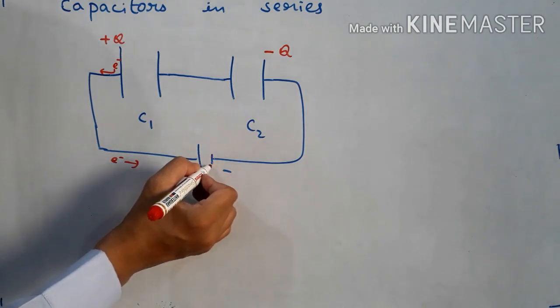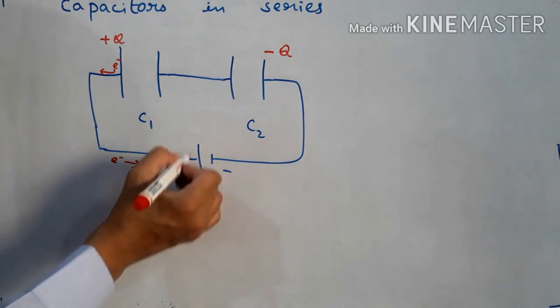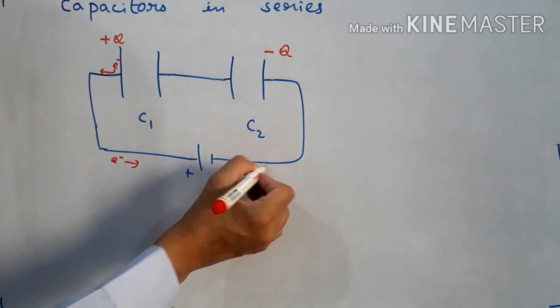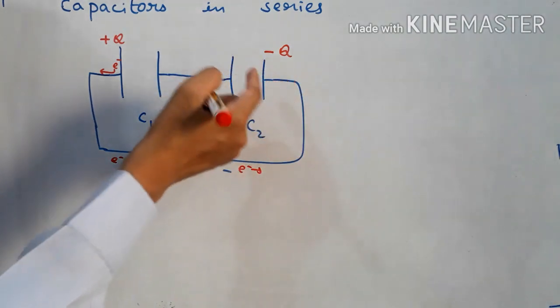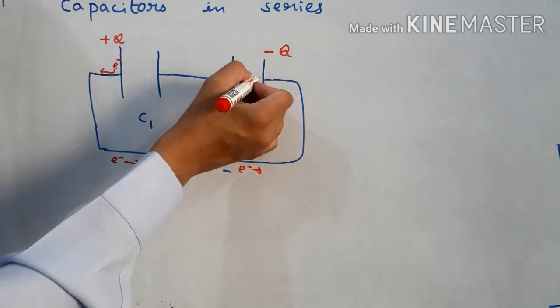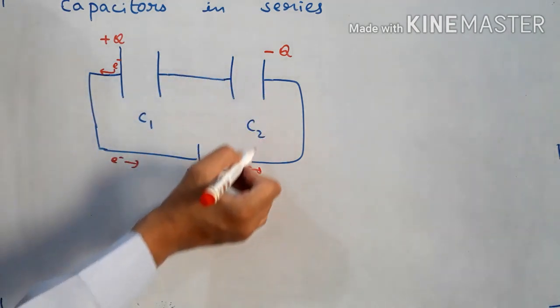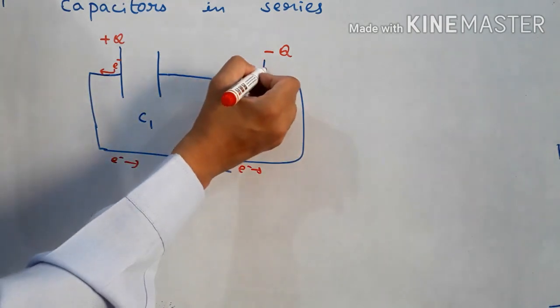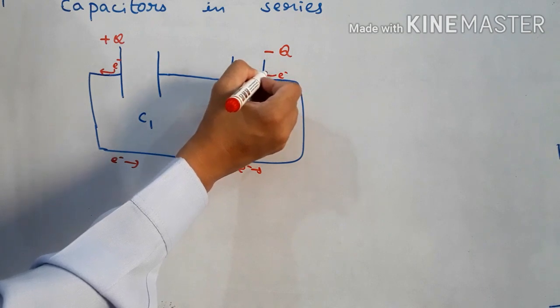Likewise, from negative terminal of the battery, electrons move to this particular plate, but they don't have any path further. So these electrons come and they accumulate on this plate.